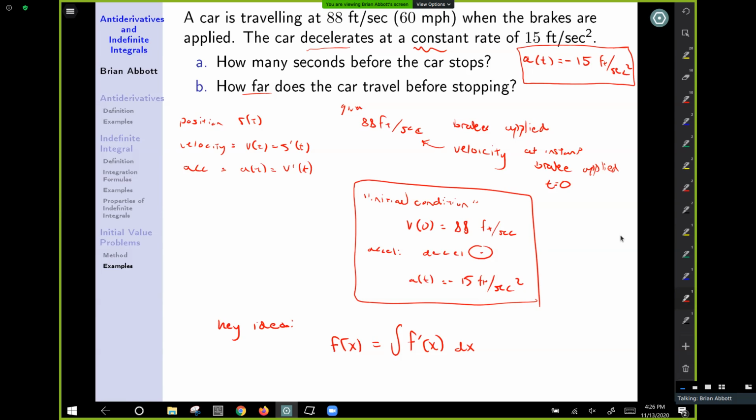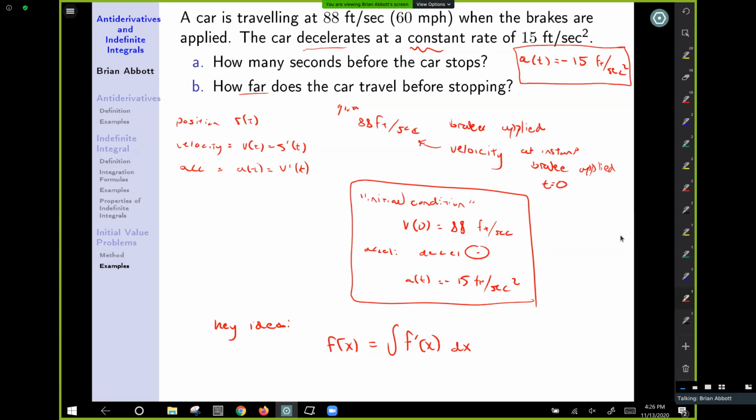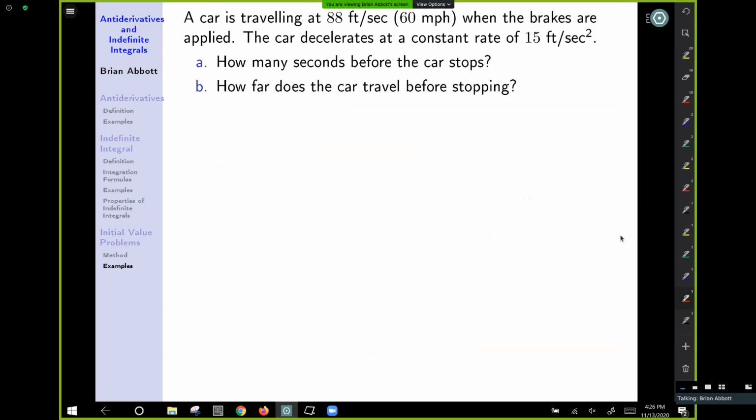I'm going to get a fresh slide here to play with this. What could we start with? The only thing we really know that is like a function is that a of t is equal to negative 15.